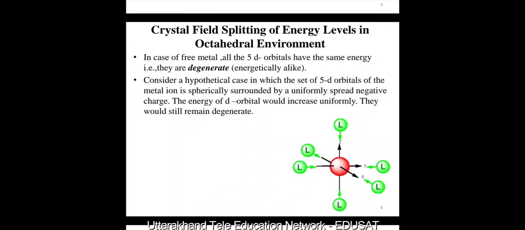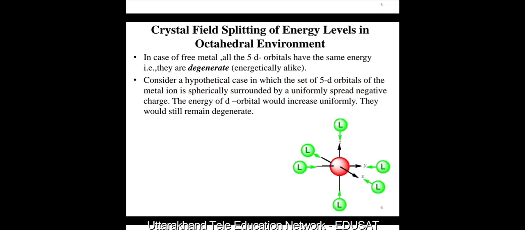So now we will see how the energy level splits in an octahedral environment. Firstly, we consider a hypothetical case in which the set of five d orbitals of the metal ion is spherically surrounded by uniformly spread negative charge.